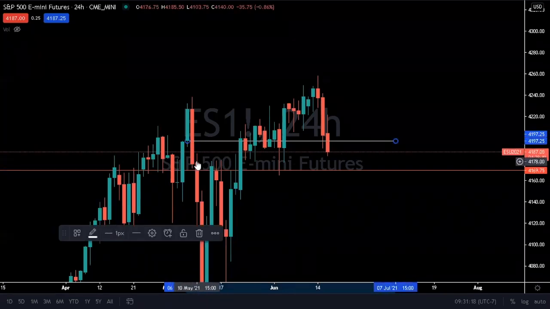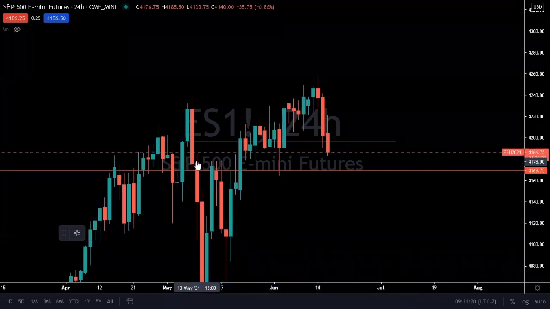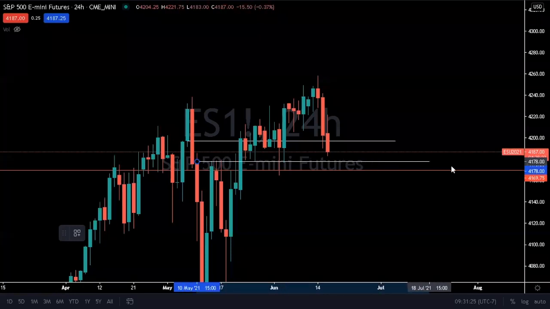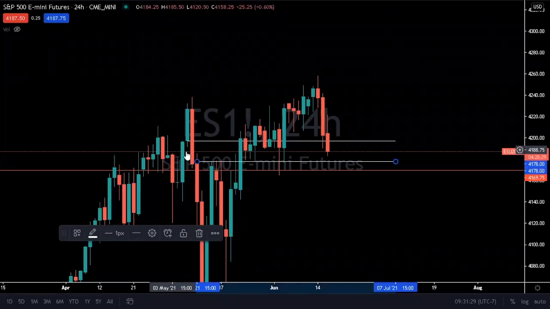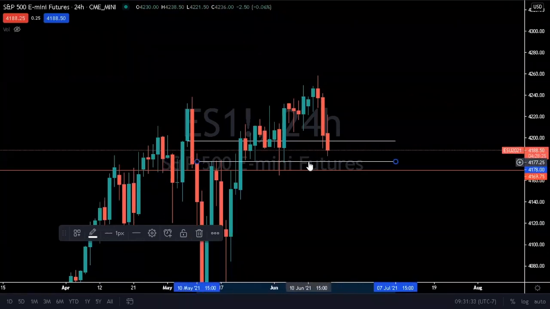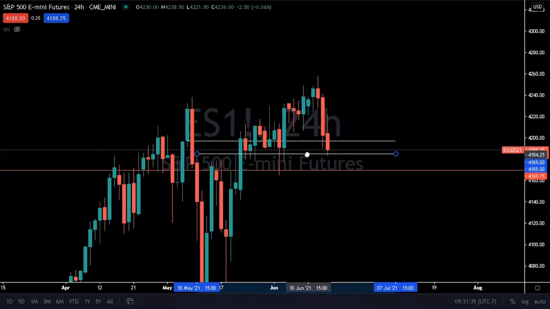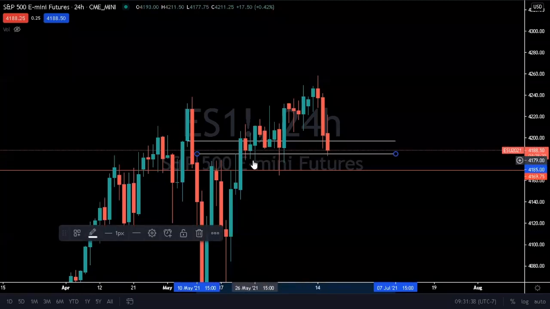If you draw it from the bodies, and everyone doesn't have to do this, trust me, everyone has a different technique of doing this. If you draw from the wicks, it'll probably give you a little bit different story of why this is bouncing right here. I typically like to draw from the bodies to see where it's reaching to.